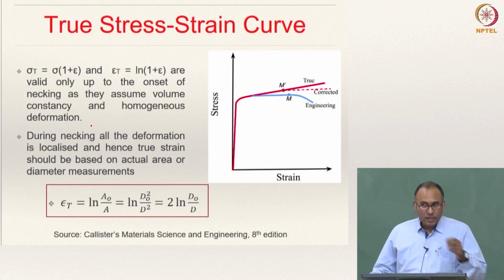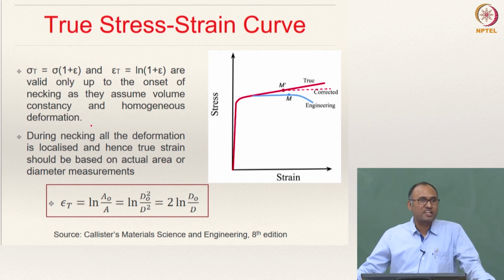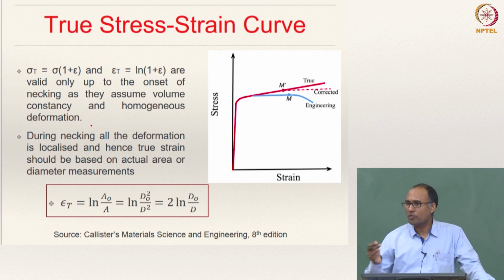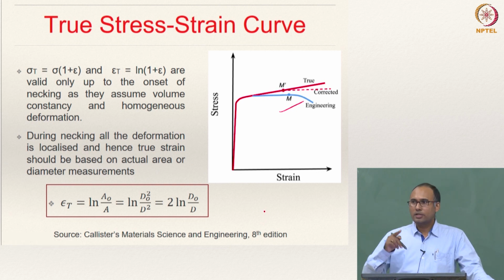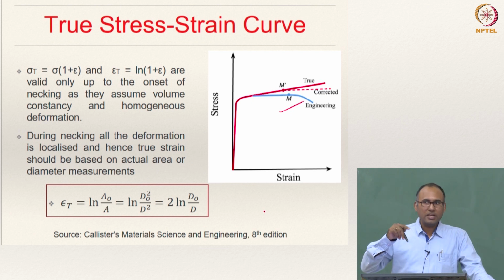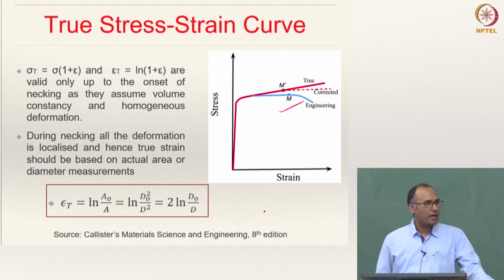So, if you would draw now the true stress strain curve, normally you would have obtained out of your experiment the engineering stress strain curve that looks something like this. The blue color one is the engineering stress strain curve. But when you are drawing the true stress strain curve, your area should be the instantaneous area.